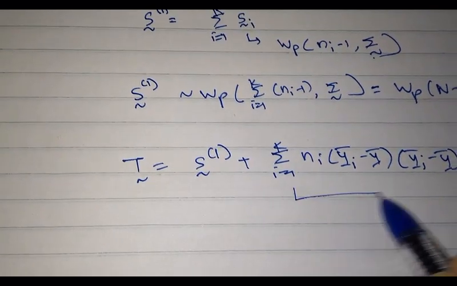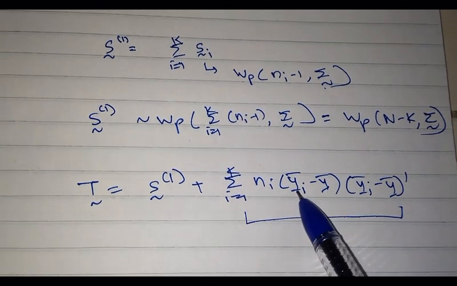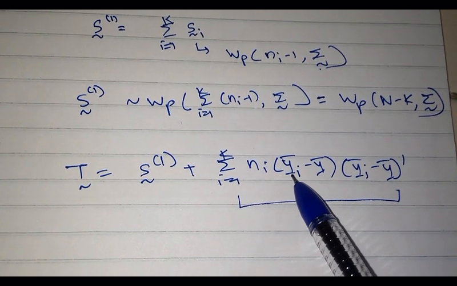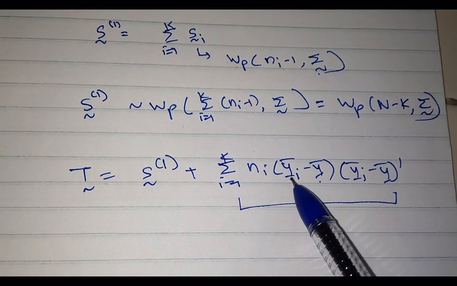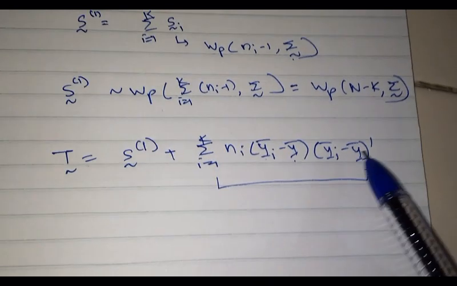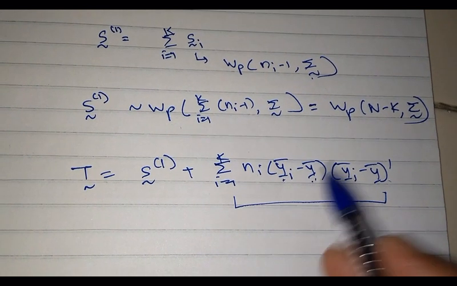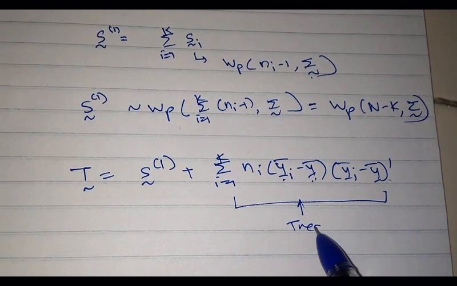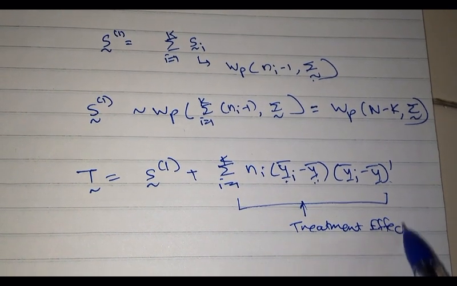Let us focus on this term. This is a weighted sum of deviations of each group mean from the overall mean. Obviously we are taking squares. The deviation of each group mean from the overall mean is nothing but your treatment effect in ANOVA. That is how you define treatment effect.